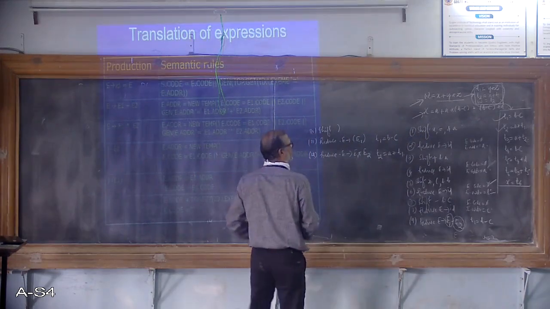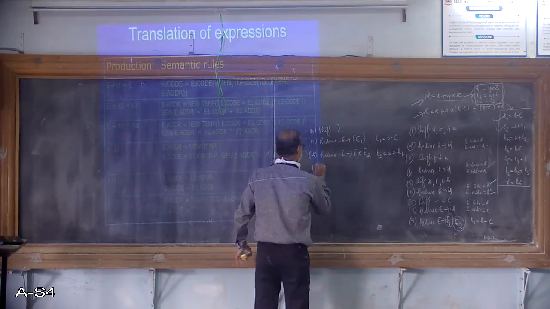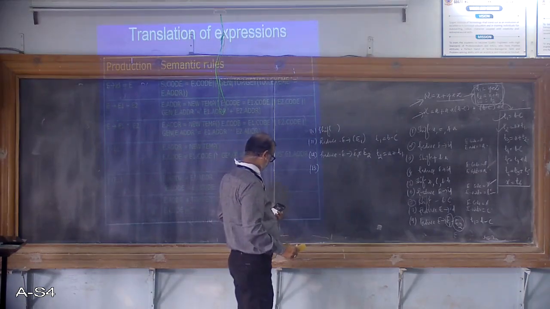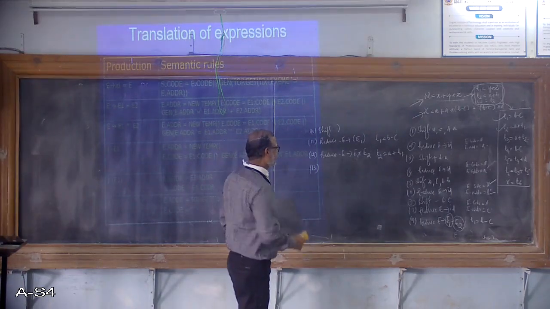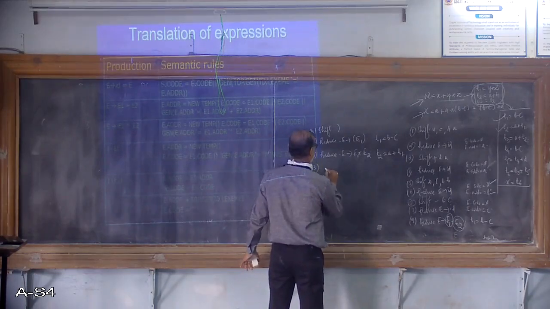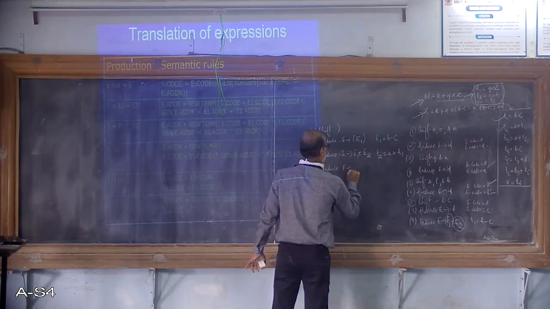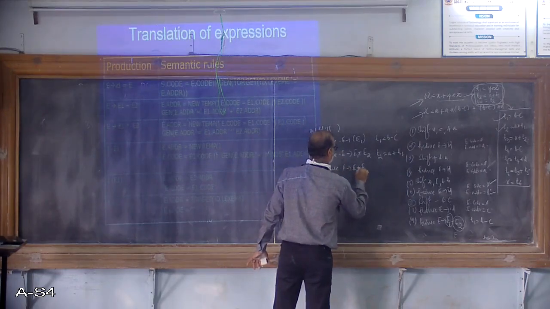Next, 13th step, the action is reduce with production E derives E1 plus E2.